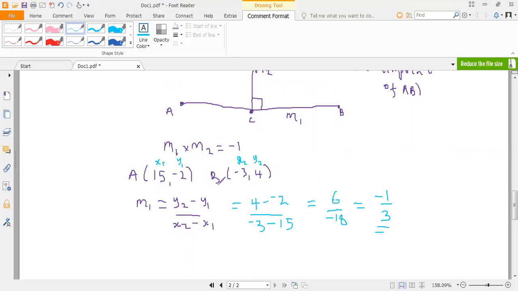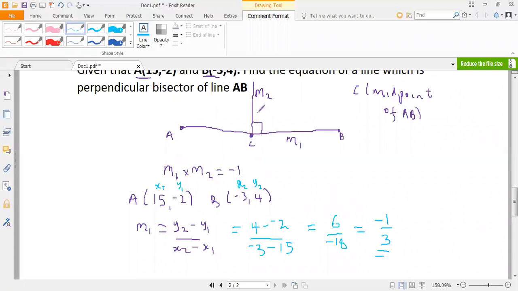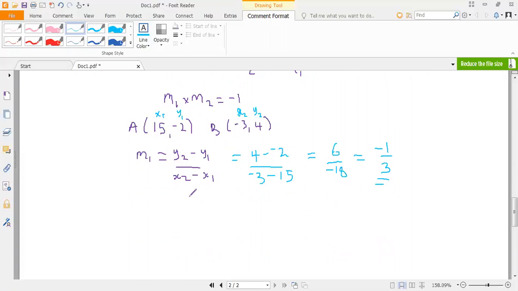We can now go ahead and look at the gradient of the perpendicular line using this equation, M1 multiplied by M2 should give us -1.